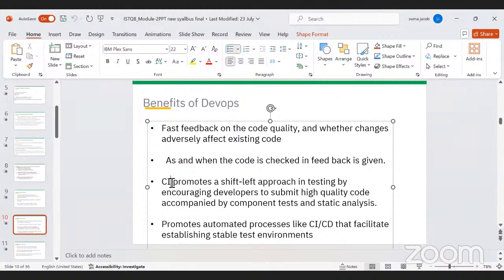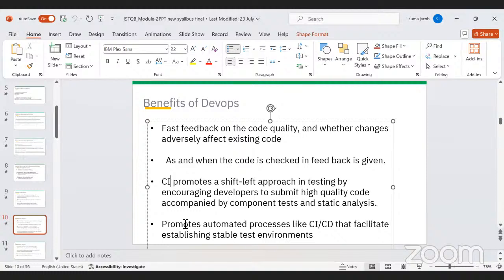So as part of continuous integration, unit tests, integration tests, and static code analysis will all run automatically whenever code changes are made. This will help developers catch and fix issues at the earliest.